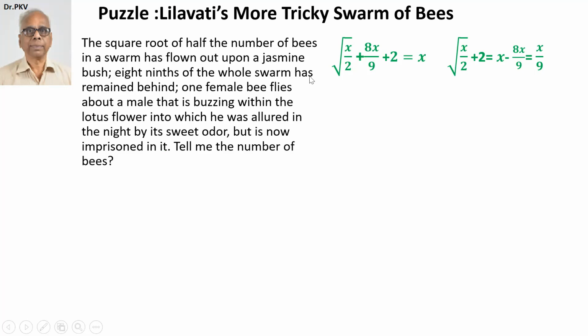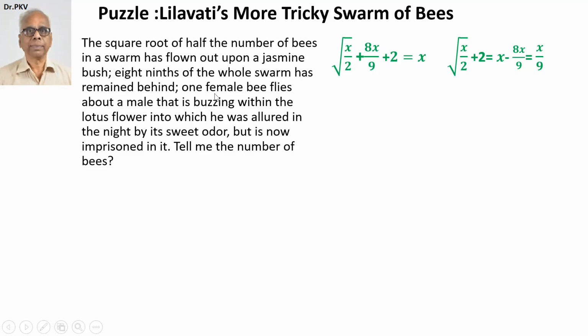8/9 of the whole swarm has remained behind. Suppose X is the number of bees, then 8/9 of X, that is 8X by 9, is the second part.